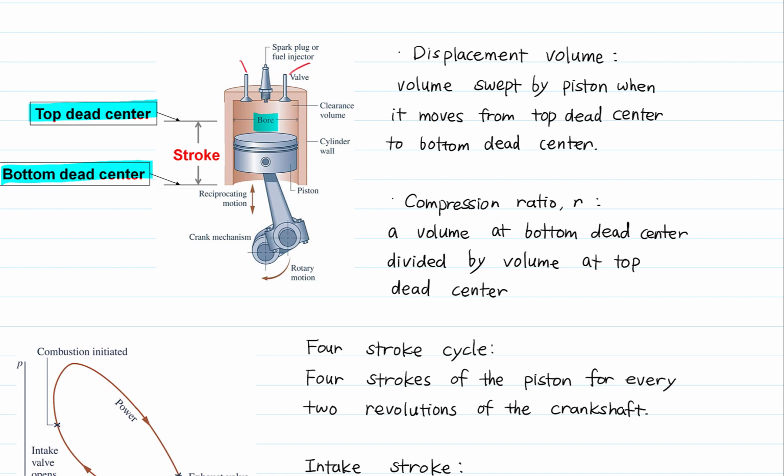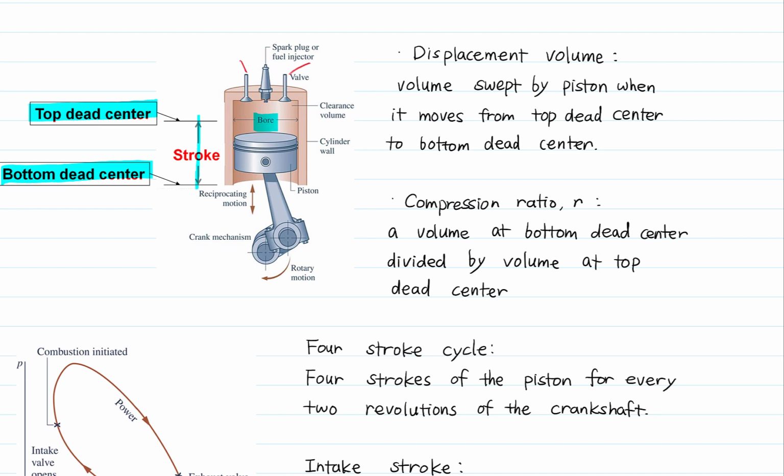Stroke is the distance between TDC and BDC. The minimum volume formed in the cylinder when the piston is at TDC is called the clearance volume. The volume displaced by the piston as it moves between TDC and BDC is called the displacement volume.